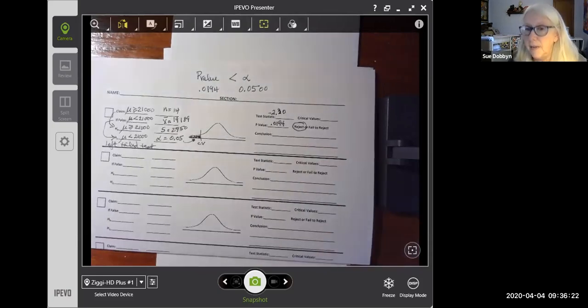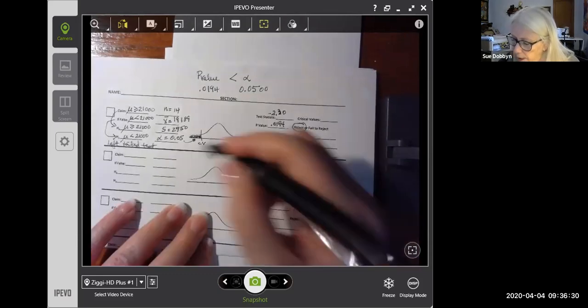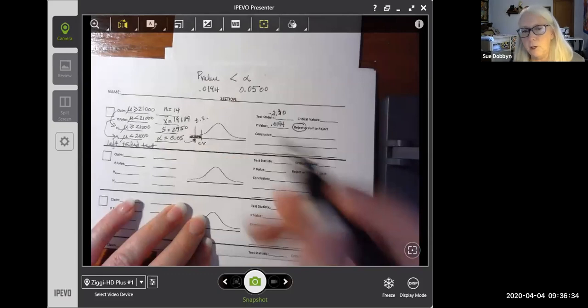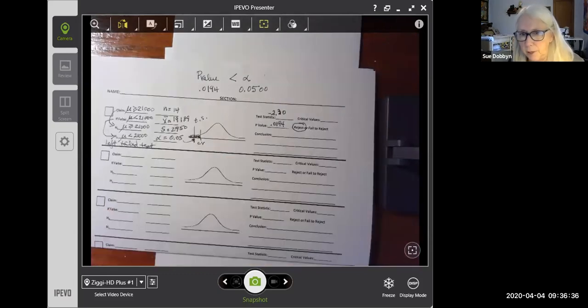That is fundamental. But also it means that this test statistic must have been in the critical region. If we had done it using the traditional method, we would have found that to be true.